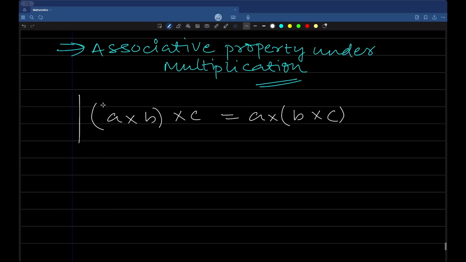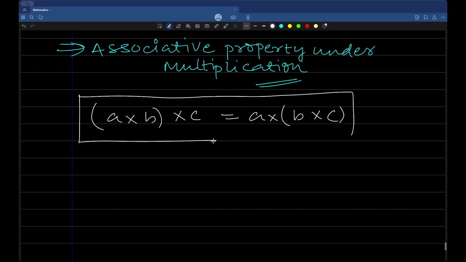Does this statement satisfy for integers a, b and c or not?